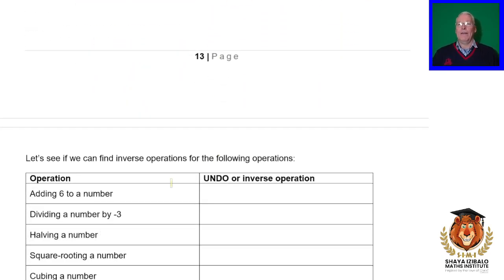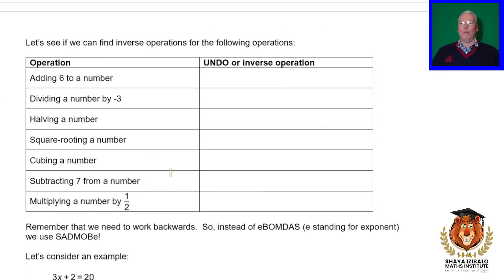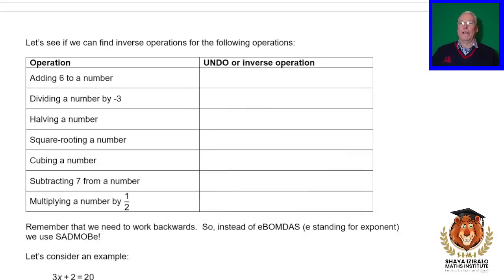Now let's pause the video and see if you can write down the undo or inverse operations for each of these in the table here. Adding 6 to a number: subtracting 6.